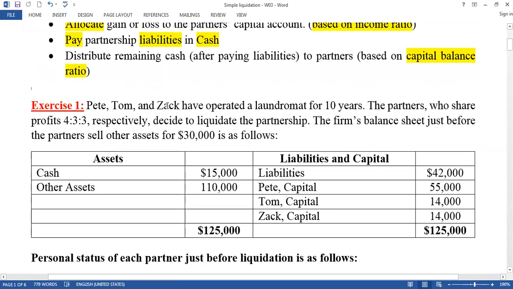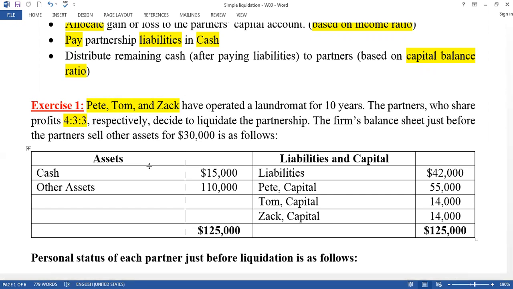P, T, and Z have operated a business for 10 years, right? So we have three partners, P, T, and Z. This is the important point. The partners shared their profits 433, right? This is the profit sharing ratio.